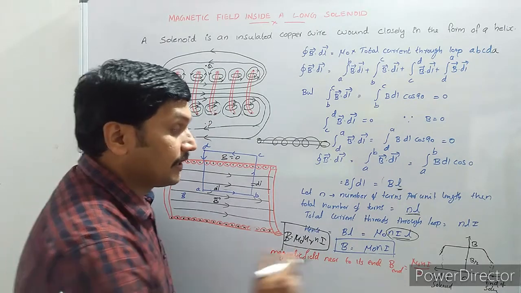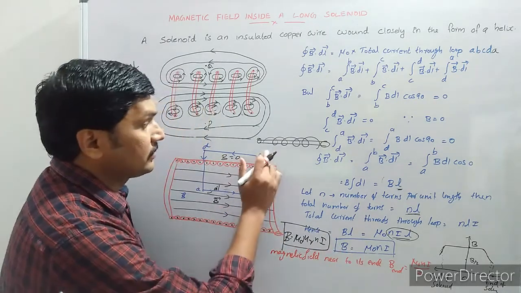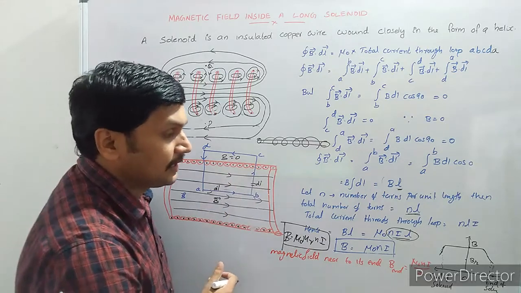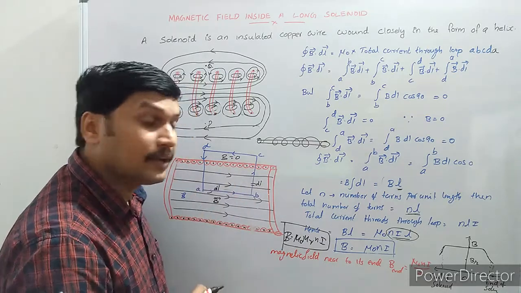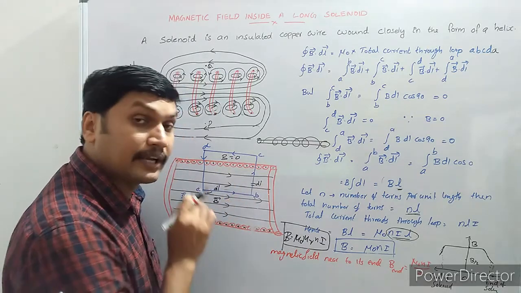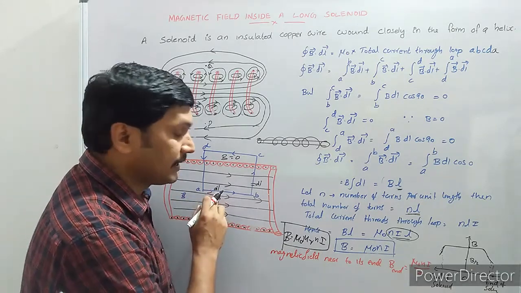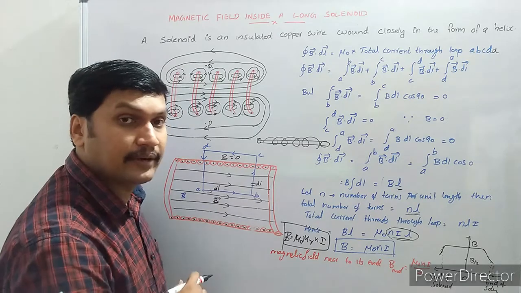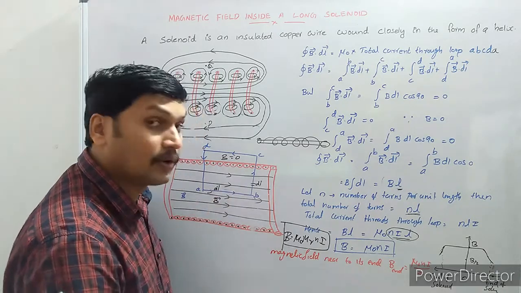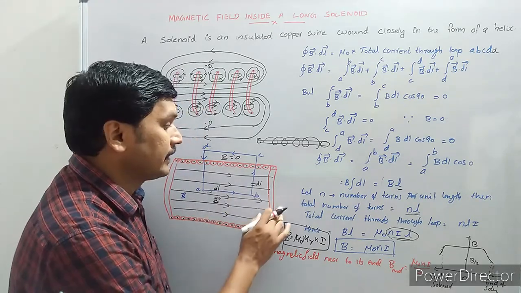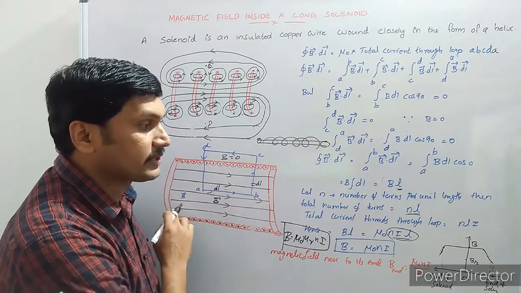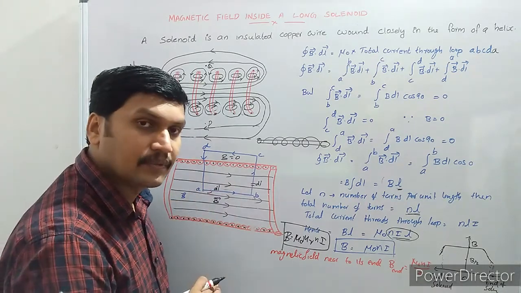Near the end of the solenoid, the magnetic field is half of the field inside, at the center of the solenoid. If B is the magnetic field near the center of the solenoid, we can prove that the magnetic field near the end of the solenoid is equal to B by 2.